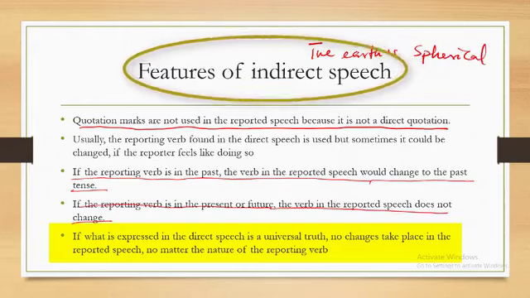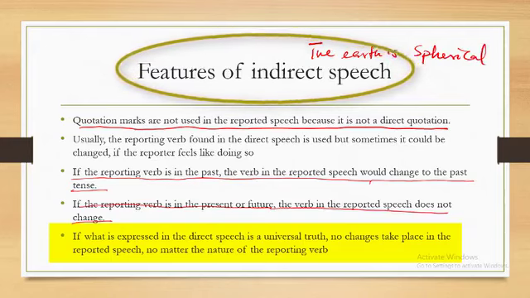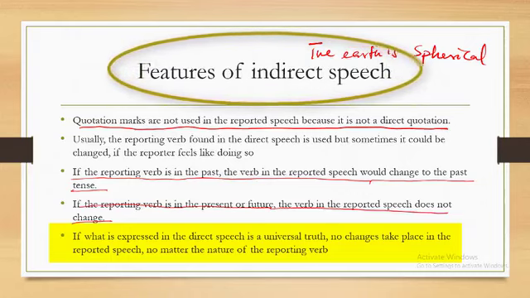Now, this is a universal truth. So if you say, Mr. Daniel said, "The earth is spherical," that's a direct speech. Now, if you're going to change that to an indirect speech, let me write that.